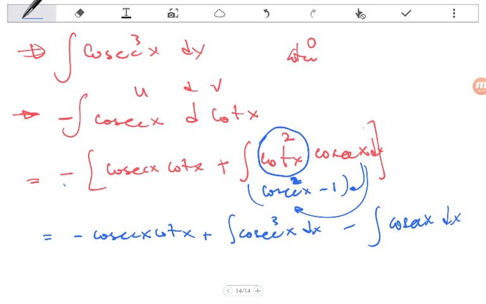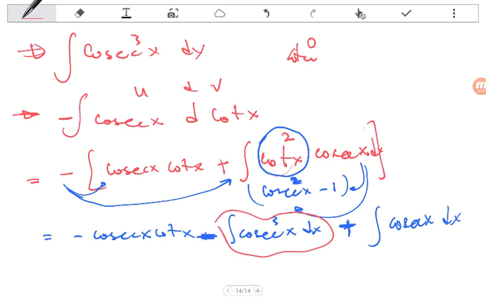But remember here this minus is distributed on this and on this one, which will be minus here and plus here. I'm expecting to express it in terms of the original integral.